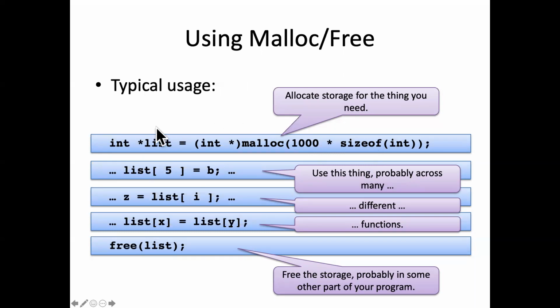Like I made the point before, if you store that result in an int pointer, then you can index off of that int pointer just like any other array. I'm showing pretend examples of copying things around using this array to store a bunch of stuff. And when you know you're done with that array, eventually you're going to want to call free on it to give that memory back to the heap.